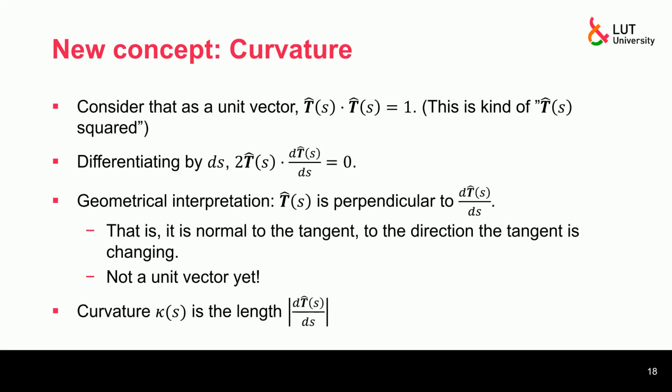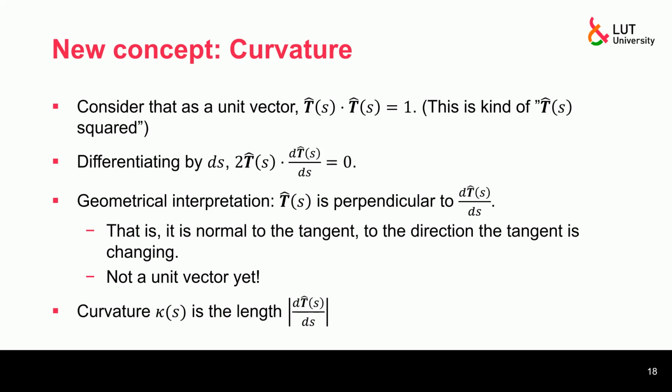And more new concepts, so the curvature. The tangent vector squared is taking a dot product with itself. Those are unit vectors, so the dot product will be 1. And if we differentiate by s, we haven't really talked that much about differentiating vectors, but you could do this component-wise if necessary, and the end result will be this kind of a thing.